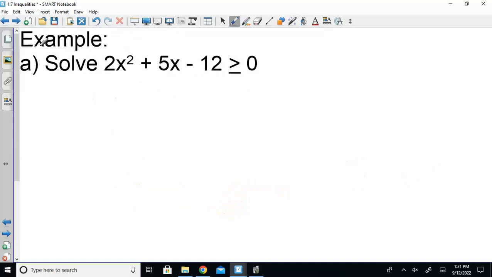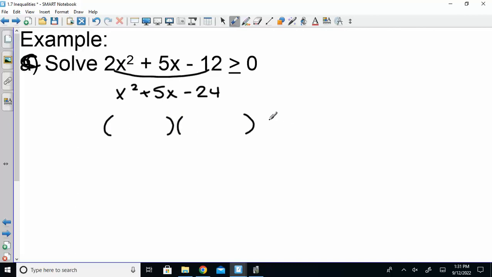Let's do another one. Example C. What changed? We have to do the slip and slide. So this would be x squared plus 5x minus 24. Multiply to -24, add to +5.